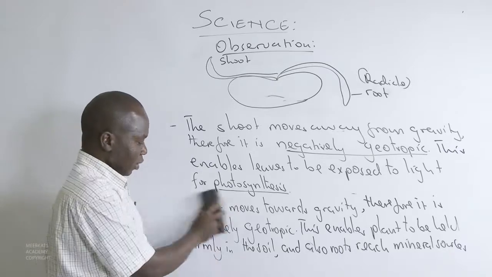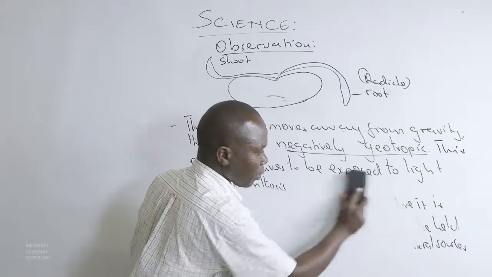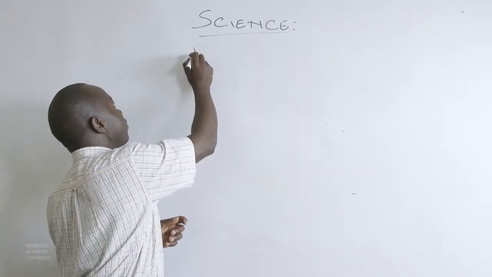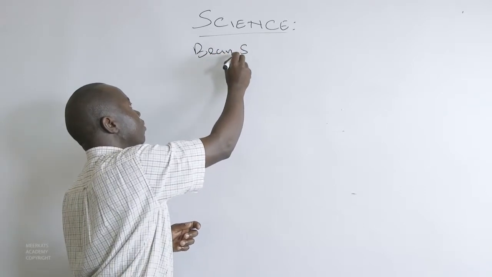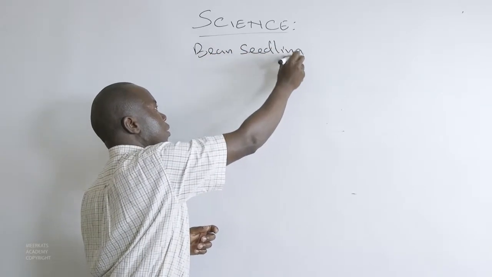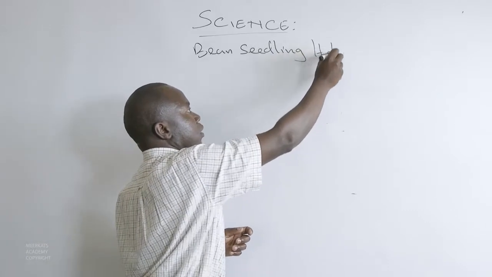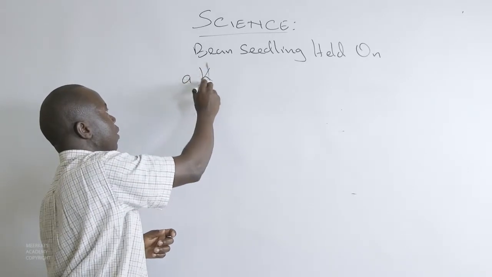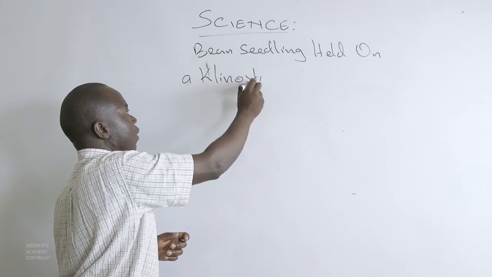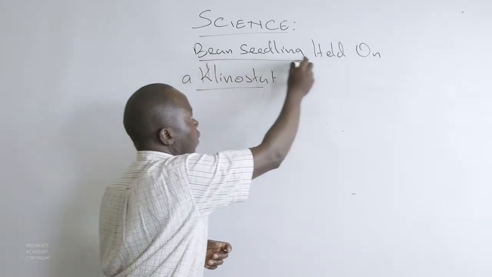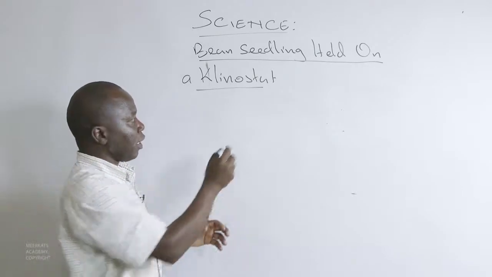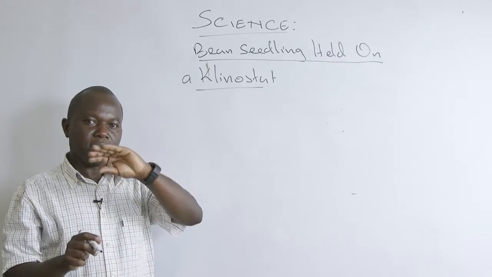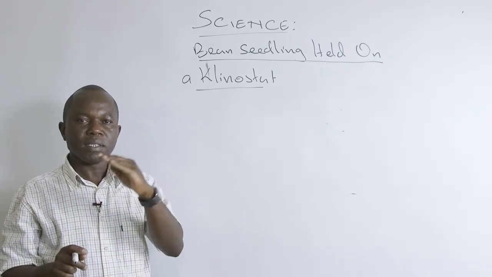So you can just look at it and see what happens if it was held on a clinostat. Now, a clinostat is an instrument that has a motor, and when that motor is switched on, it's going to rotate the seedling.